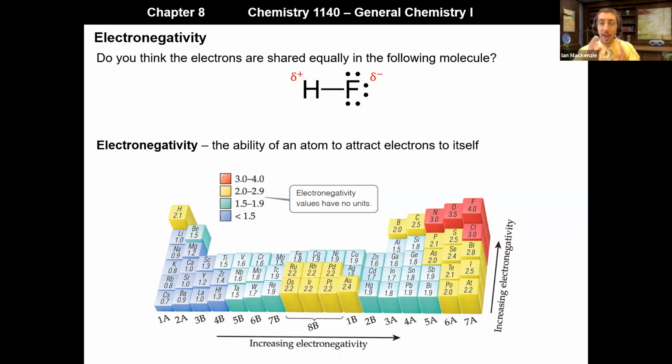The noble gases are happy where they're at, so they're left off of this chart. And so fluorine is the most electronegative with an electronegativity value of 4. We've left off the f block metals, but you can see that cesium has one of the lowest electronegativity values at 0.7.